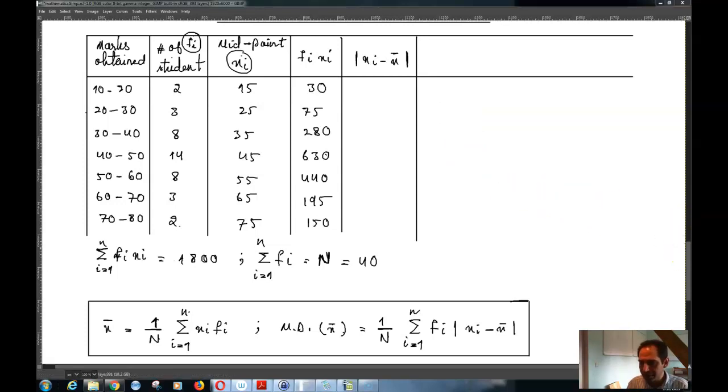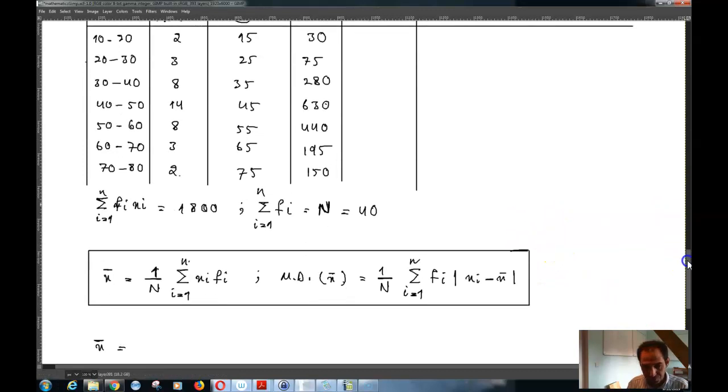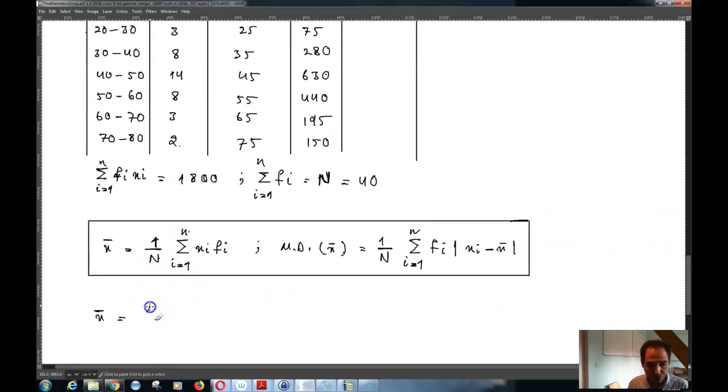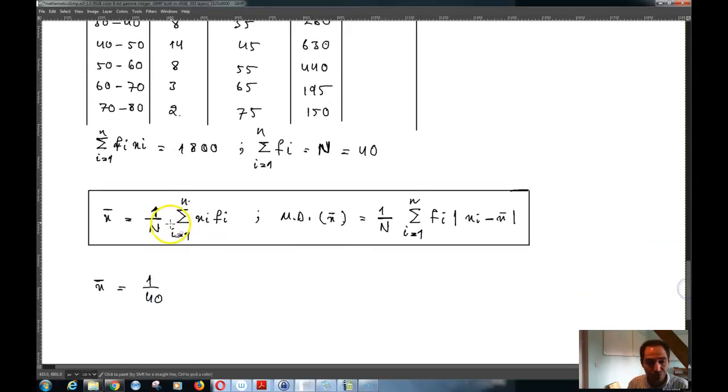Then what that means is that your x bar, or the mean, is equal to 1 over 40 times sigma f of I x sub I. Sigma f of I x sub I is equal to 1800.